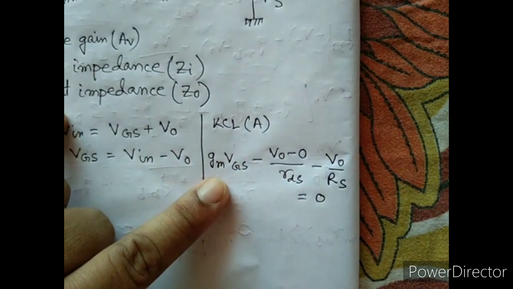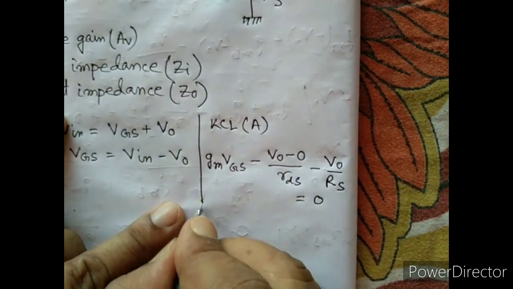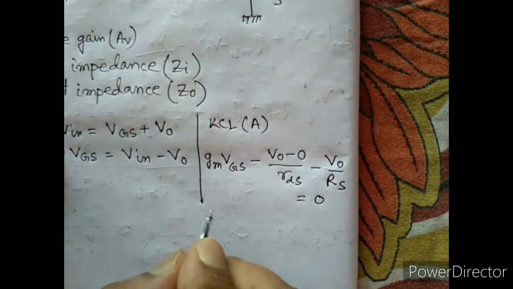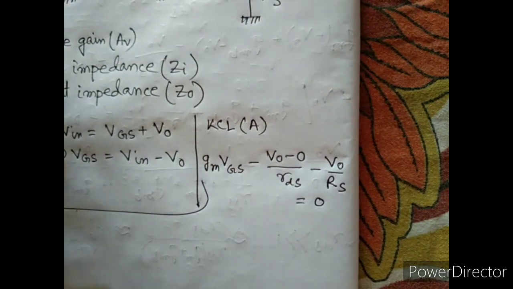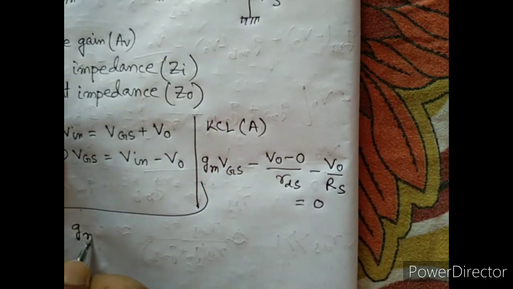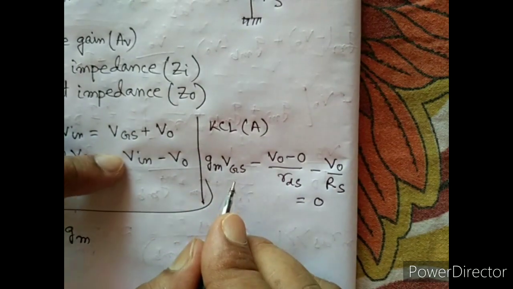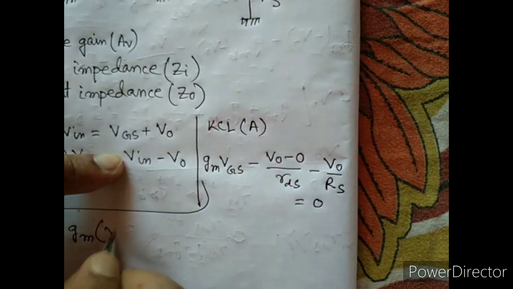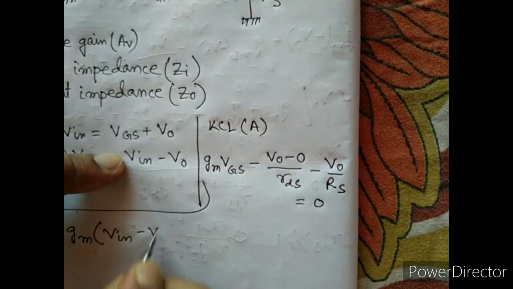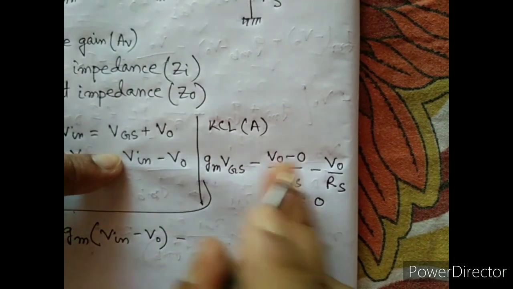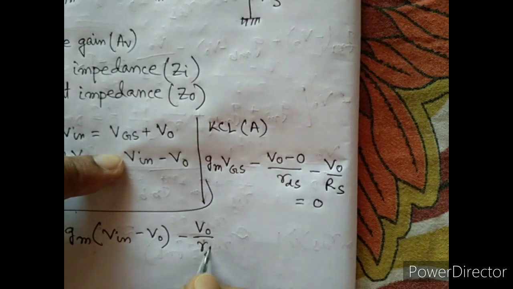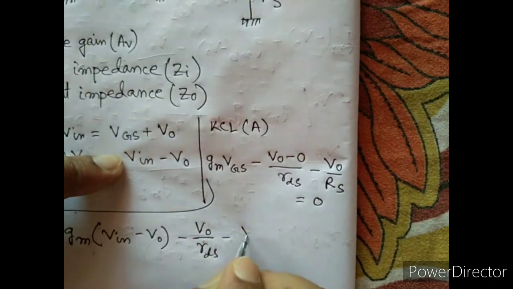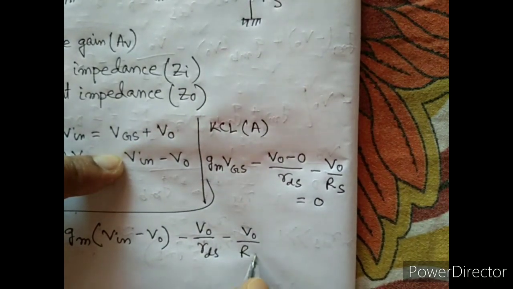So from here, gm VGS is Vin minus V0, and this is V0 by RDS minus V0 by RS equals 0.